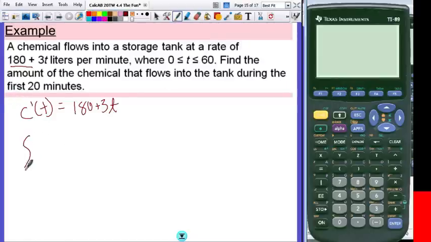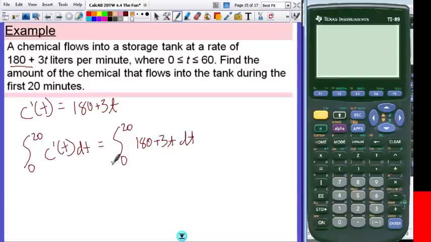So I have to use that rate and integrate to find the amount of stuff. I'm going to write this as the integral from 0 to 20, which is the time I want, of c prime of t dt. That's the integral from 0 to 20 of 180 plus 3t dt. When you integrate that function, you get 180t plus 3t squared over 2 from 0 to 20.